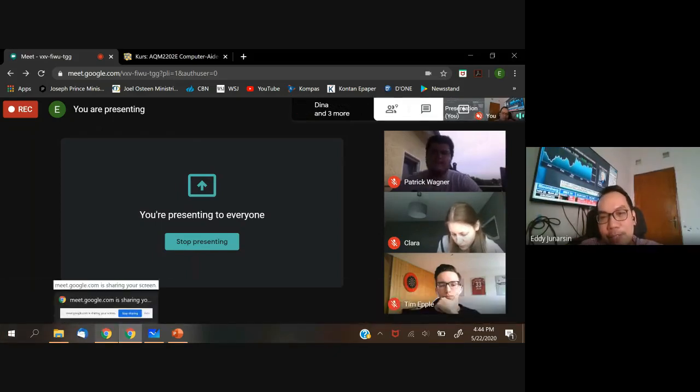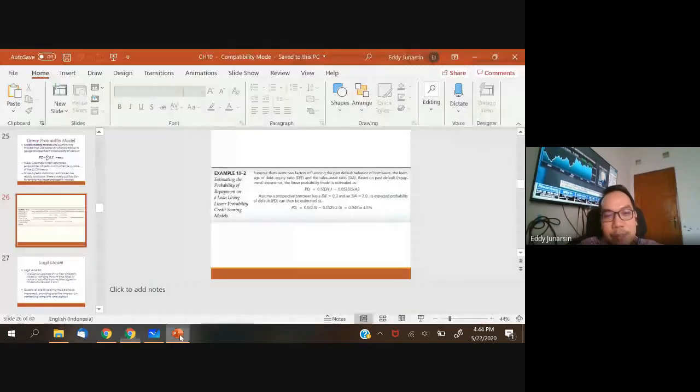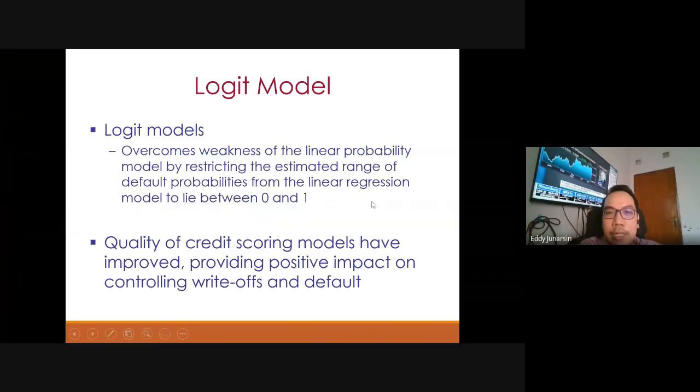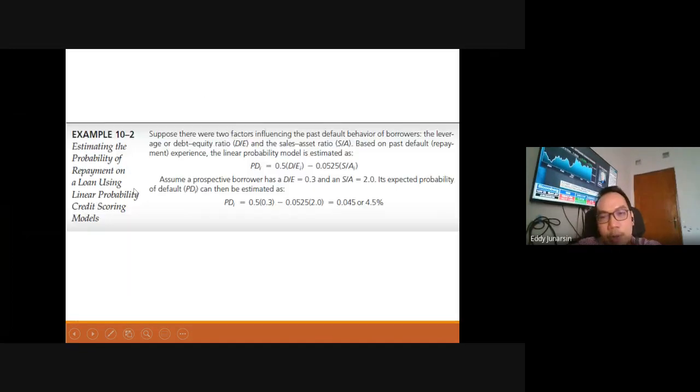Again, because of the different purposes of each regression. Any question about this one, the Logit model? So same procedure, but we make sure that again the summation here will range between 0 and 1. So it's meaningful. But again, the conclusion would be similar.